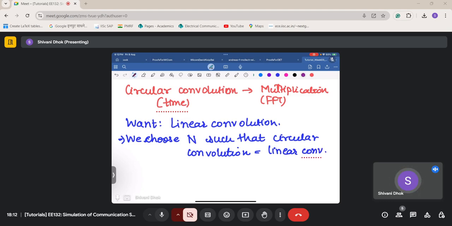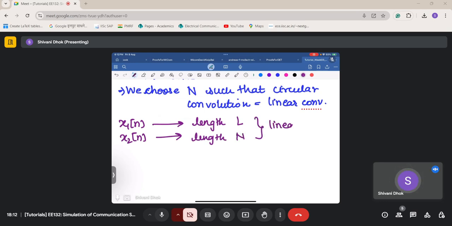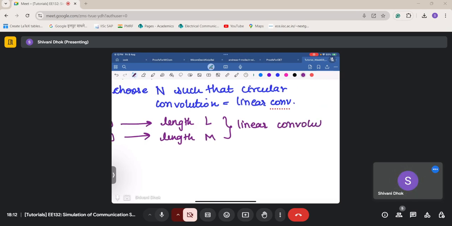Now if x1 has length L and if x2 has length M, then linear convolution of these two will lead to a signal of length L plus M minus 1.